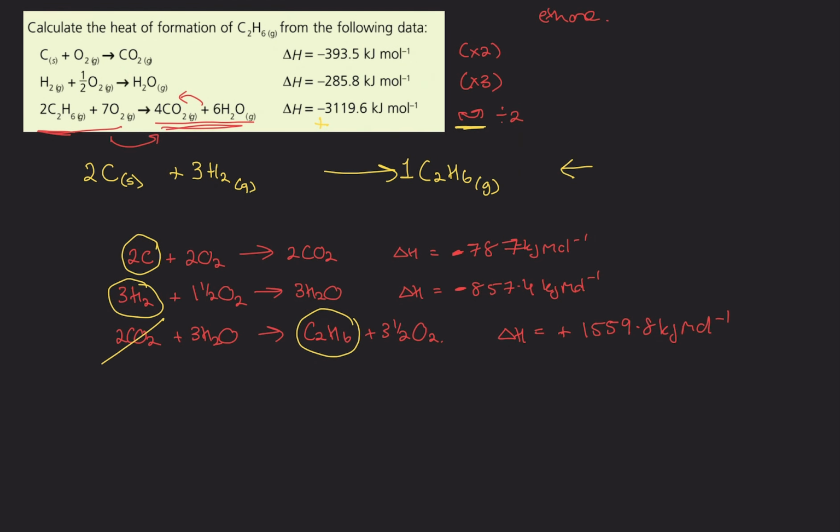So 2 carbon dioxides, 2 carbon dioxides, either side of the arrows. 3 waters, 3 waters, again either side. Over here I have 2 oxygens and 1.5. If I add those together, it's 3.5. And I have 3.5. Everything else is cancelled out. And what we're left with is the elements and the molecule of the original equation. So I know I've done it correctly.